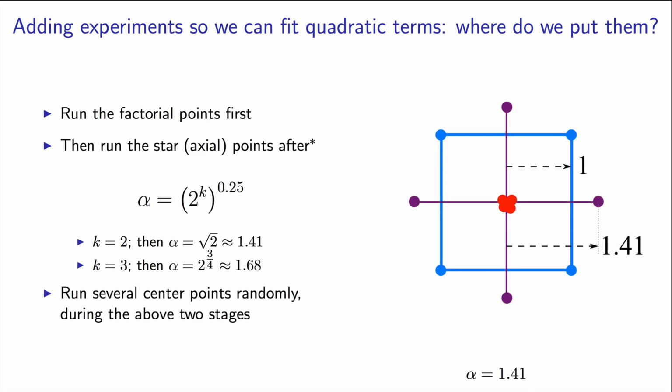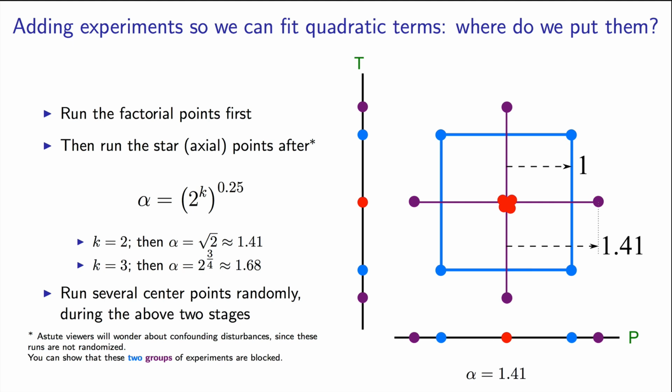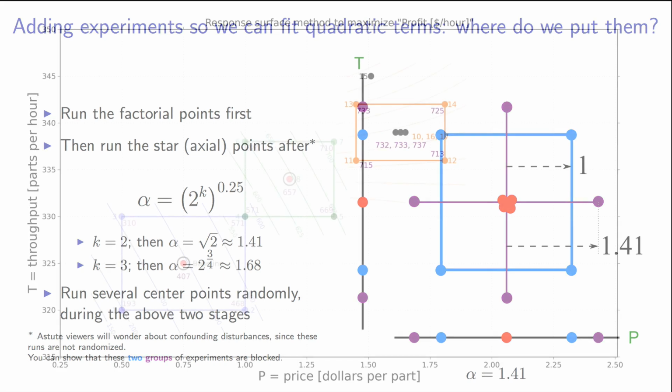Also add 3 to 4 center points to assess lack of fit, and run these center points at different times, not all after each other. Notice this though, from the individual perspective of factor t and from factor p, each of these have runs at 5 distinct levels. And that's what helps us go accurately fit that quadratic model.